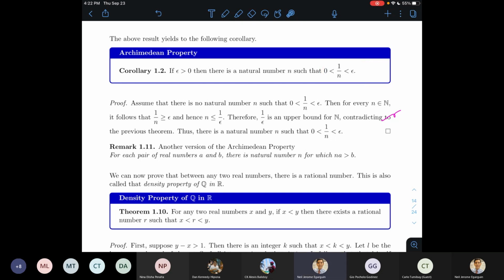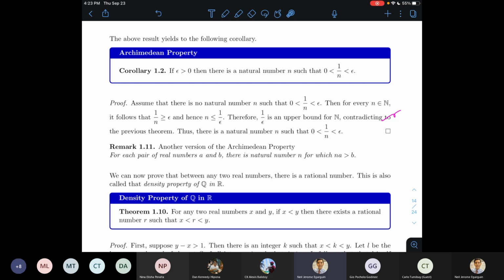Remember, epsilon almost always stands for a very small number. So sabi ng Archimedean property, kahit pa gaano kaliit yung epsilon, okay, meron kang mahanap na natural number such that 1 over n will be smaller than epsilon.